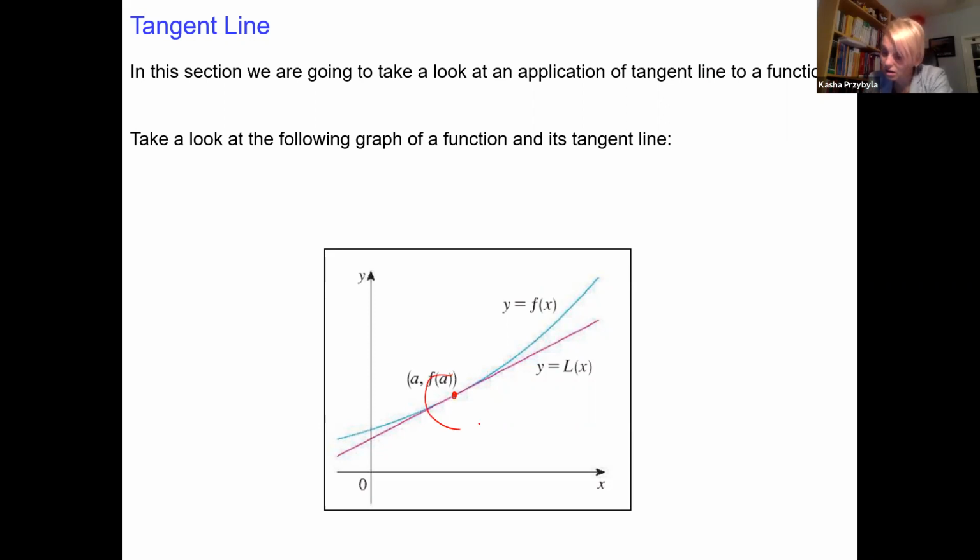You can say, close to the point a, it doesn't really matter if I use the complicated curve or the tangent line. That's the idea, to have the linear approximation.